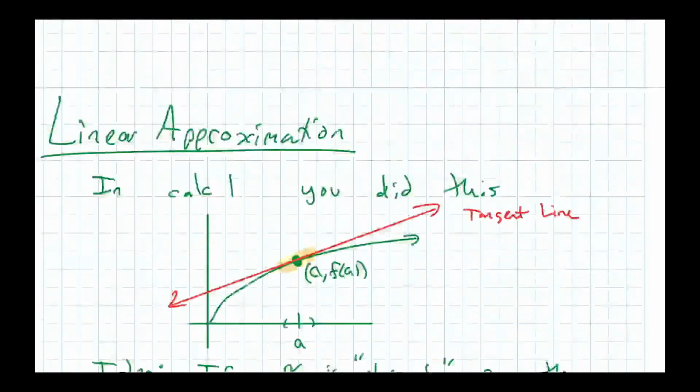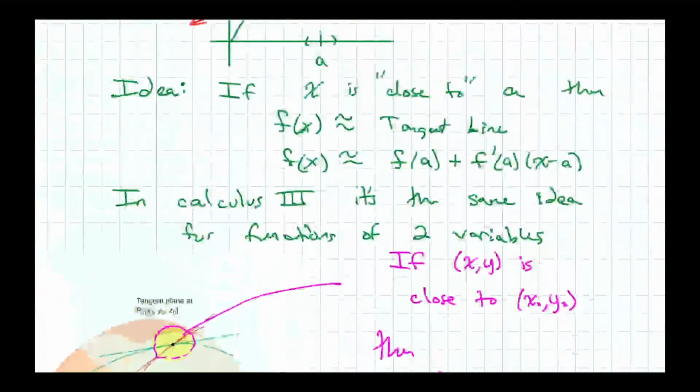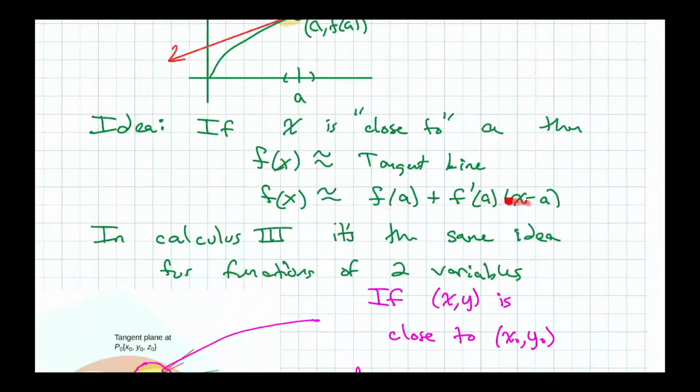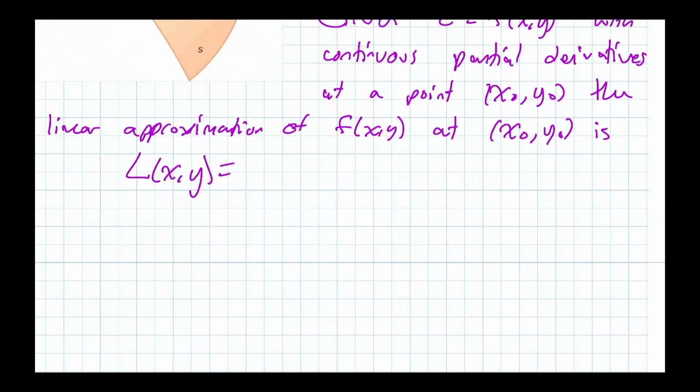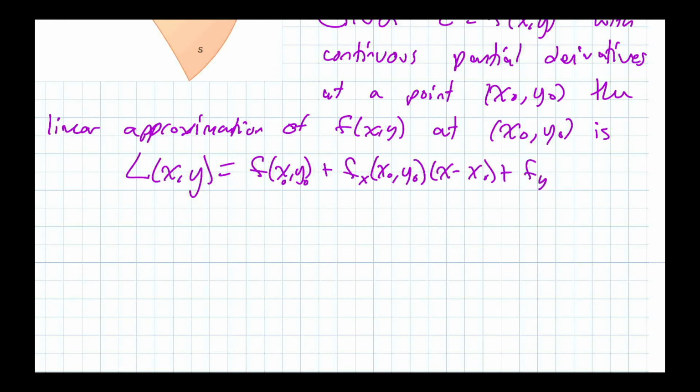So we're not doing anything, we're just renaming it. And that's actually the same thing as this, because this is just the equation of the tangent line. But you would call it L of x in calculus 1. Okay, so what's the equation of the tangent plane? It's f of x0, y0, plus f_x of x0, y0, times x minus x0, plus f_y of x0, y0, times y minus y0.